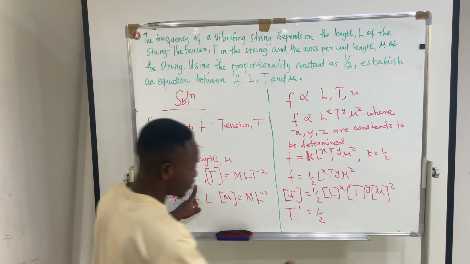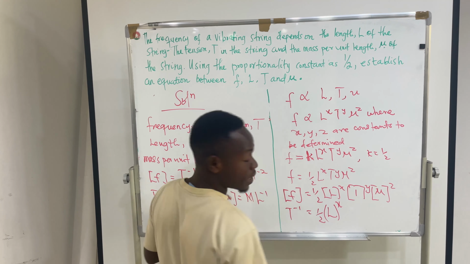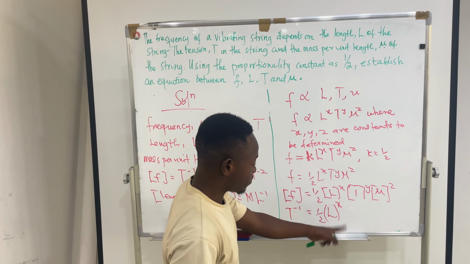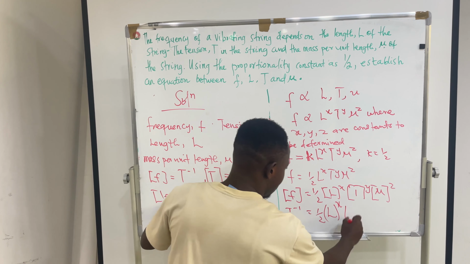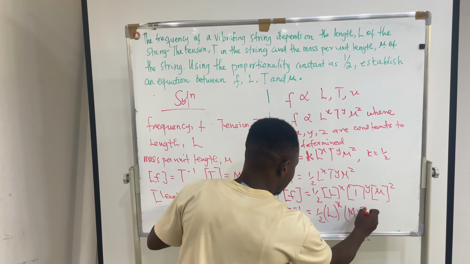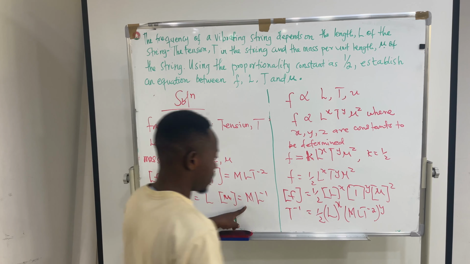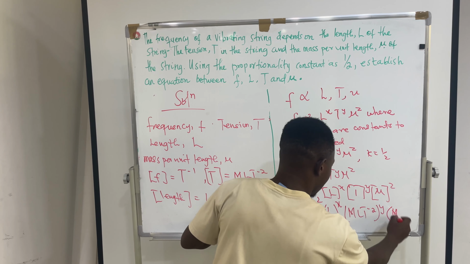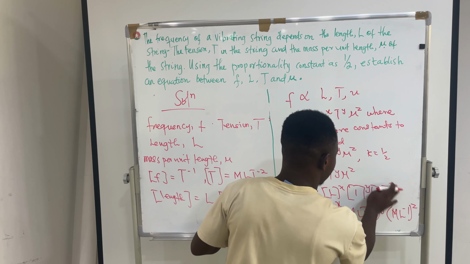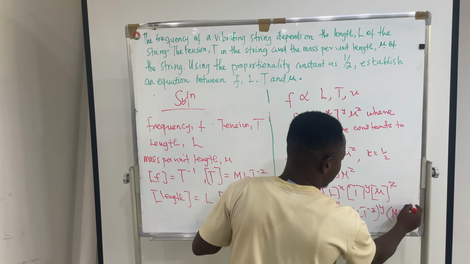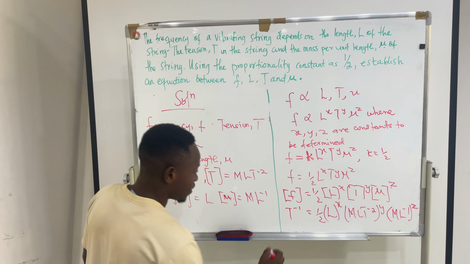For L, it's still L. Now it's no more dimensions, so now my power goes like this. There's no more square bracket but normal bracket. For tension, it is (M L T minus 2) to the power y. For mu, it is (M L minus 1) to the power z. This is z and not 2. Okay, so I want to simplify this and open the brackets.